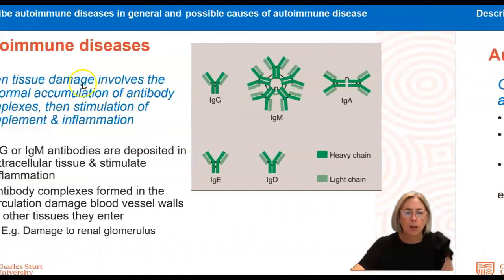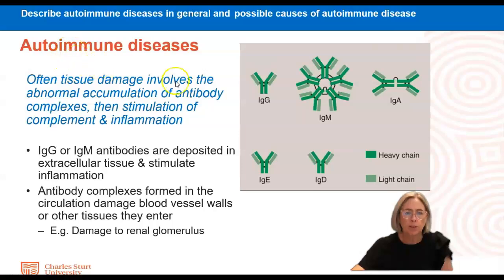Now, often the tissue damage that occurs with autoimmune disease involves the abnormal accumulation of these antibody-antigen complexes and then stimulation of the complement system and inflammation. Now, remember, we had the IgE antibody that was the driver of the immediate hypersensitivity reactions.